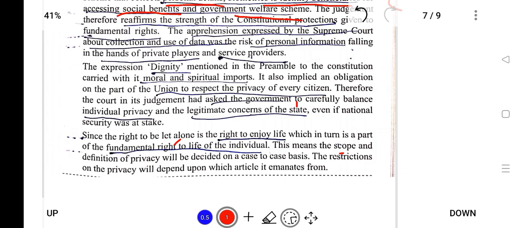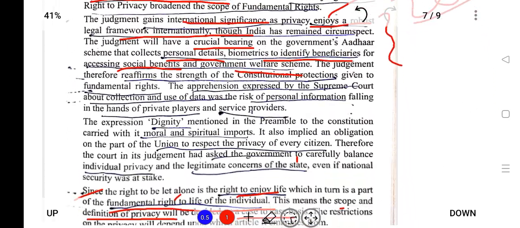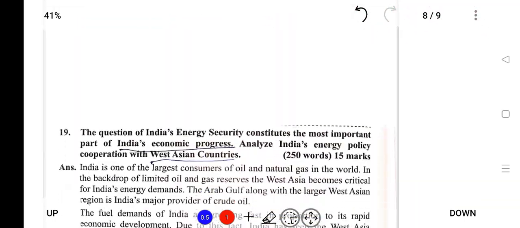Since the right to be alone is the right to enjoy life, which in turn is a part of the fundamental right to life of the individual, the scope of the definition of privacy will be decided on a case-to-case basis. The restriction on privacy will depend upon which article it emanates from. So this is an example on the right to privacy.